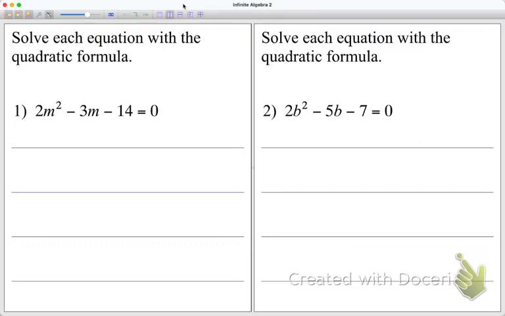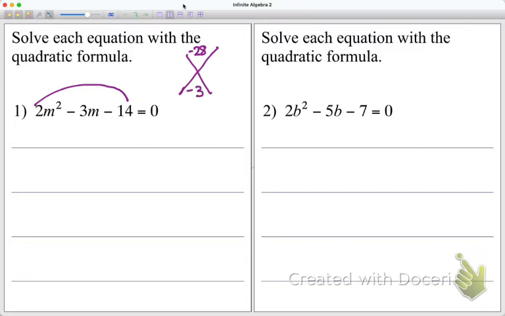So when you see a quadratic equation with the squared, you should set it equal to 0 and factor, correct? That's what we should do, yes? So what we've been practicing is the factoring: we make our x and we take 2 times negative 14 and get negative 28 over negative 3.